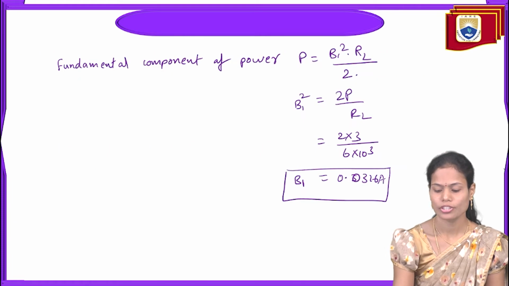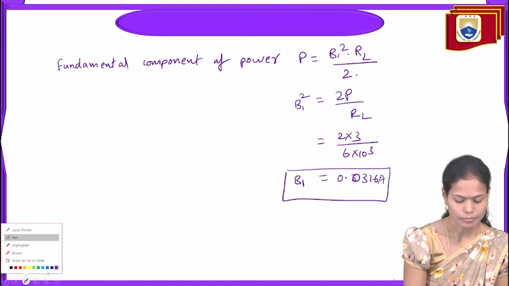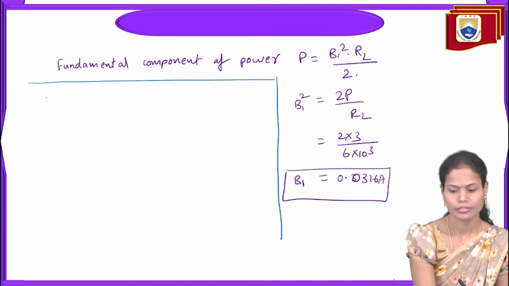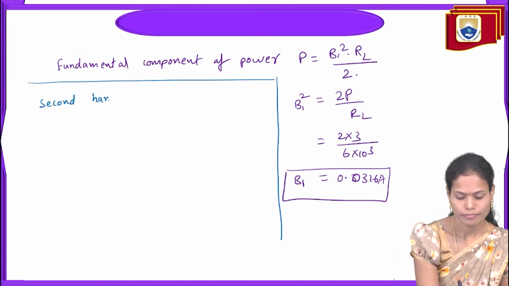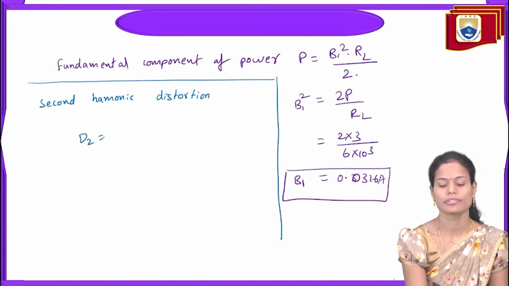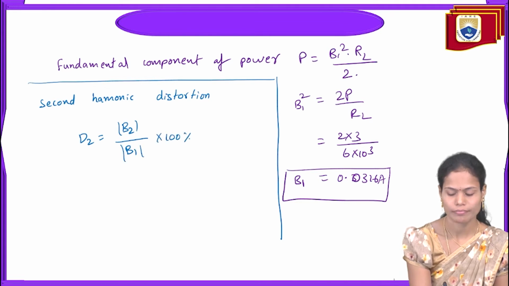And next we need to calculate the second harmonic distortion D2. The formula for this is B2 by B1 into 100%.